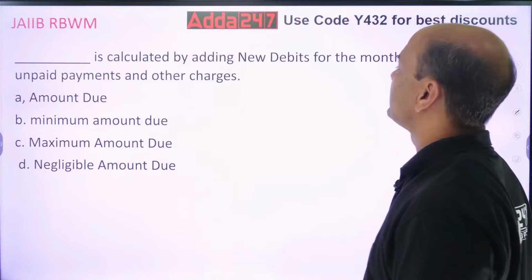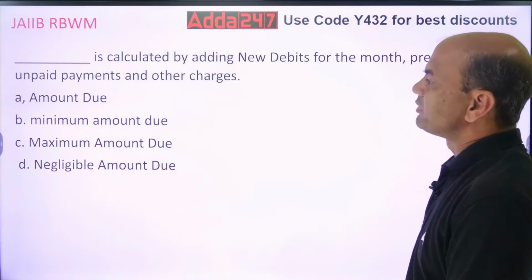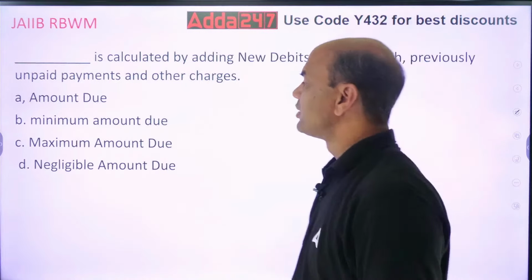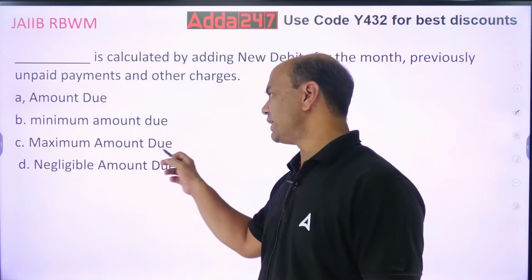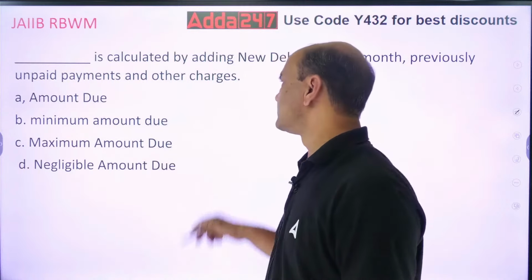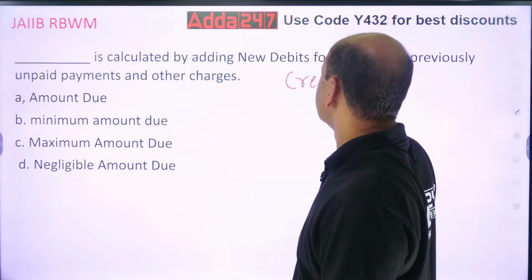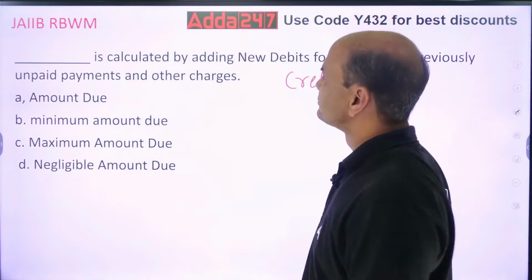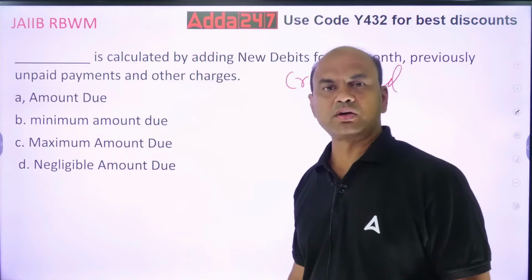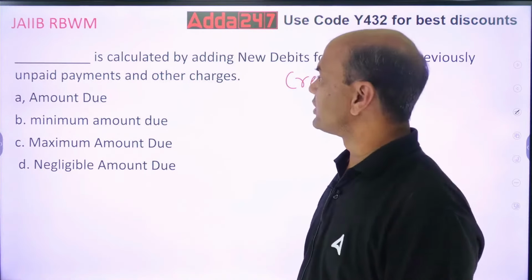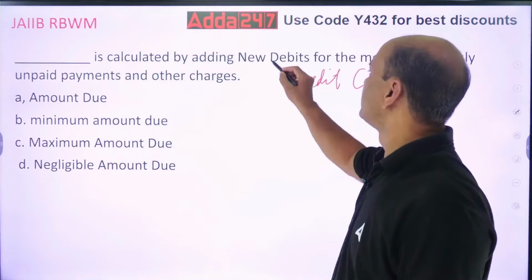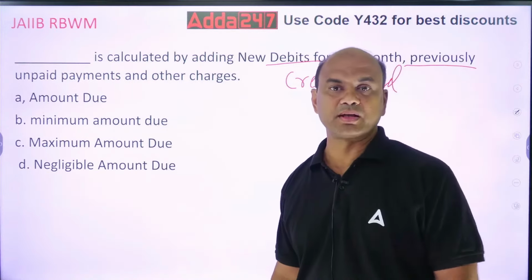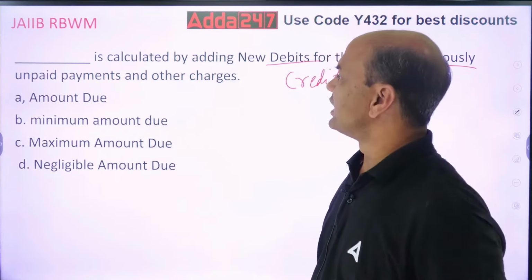Dash is calculated by adding new debits for the month, previously unpaid payments and other charges. So, what is calculated? Amount due, minimum amount due, maximum amount due, negligible amount due. This is a part of your credit cards. Whenever you calculate the due amount, it is always calculated by adding new debits plus previous months' unpaid amounts and other charges.